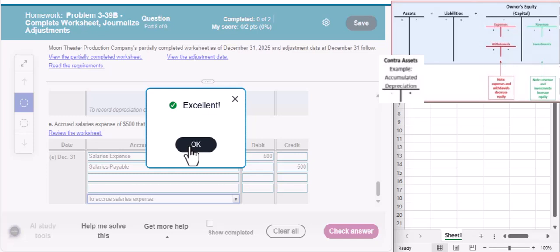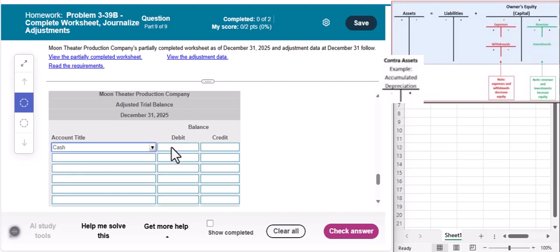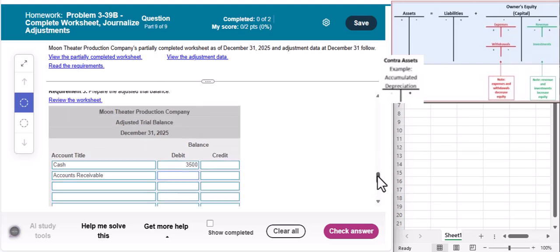Okay, so now we have to prepare the adjusted trial balance. So first we'll start with cash, and that is a debit balance of $3,500. Accounts receivable, I'm just going off of my scratch paper here that I have. You can go ahead and open up the extra worksheet from up above here.